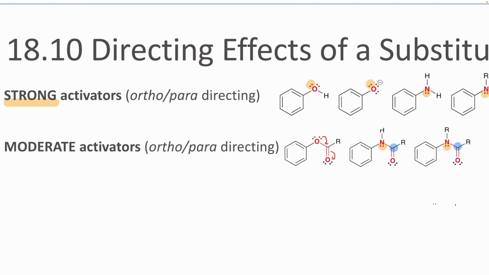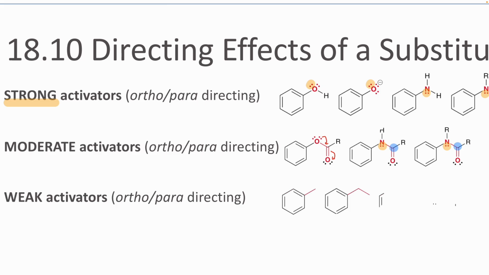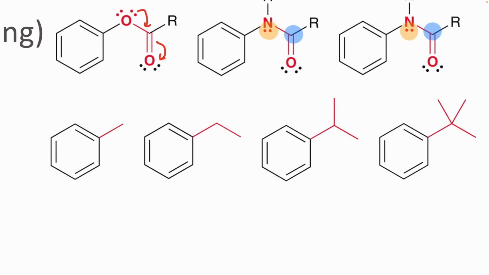All right, this next group of weak activators is the exception to the rule of our lone pairs next to the ring. These are all alkyl groups. Alkyl groups do not have any sort of electron donating ability.